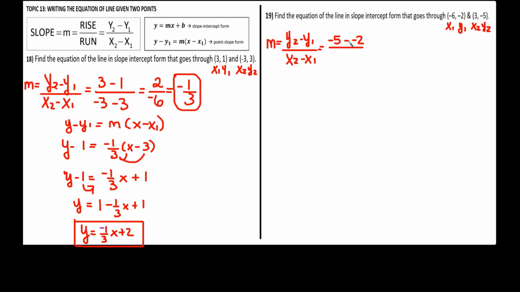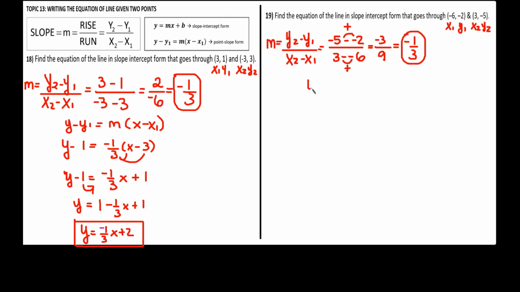We have an example where we have 2 negatives there. And then x2 is 3 minus 6. Please remember 2 negatives becomes positive. So it means the bottom is 9, and on the top will be negative 3 over 9. When you put that in the calculator, this will be reduced to negative 1/3.